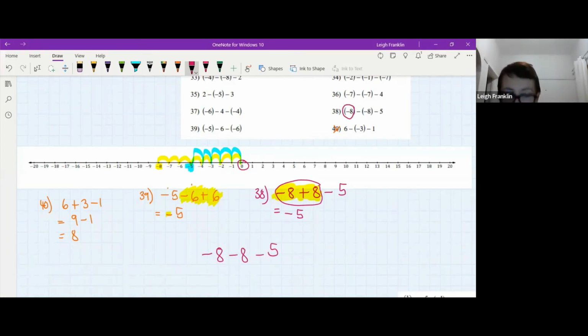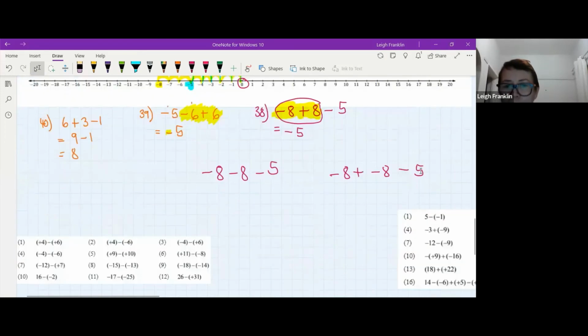No, I mean like a minus and a plus in the middle. Okay, so in other words, if it was -8 plus -8 -5, like that. Yes. Okay, good question. Would it still give me the same answer?